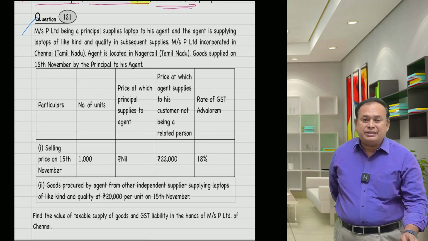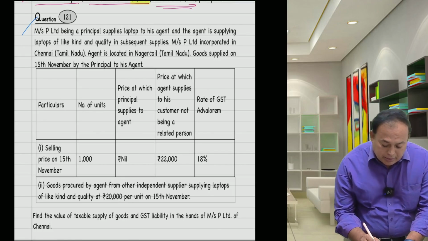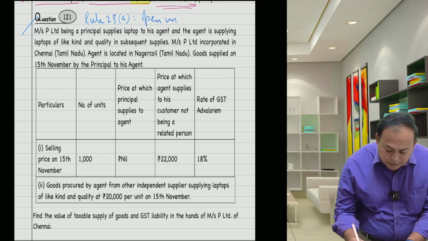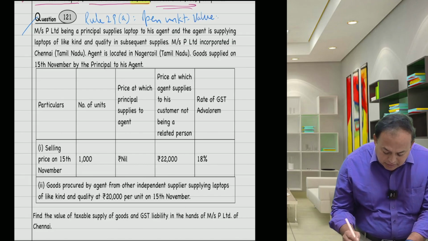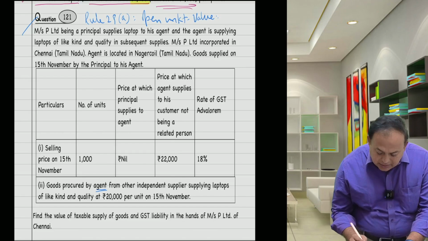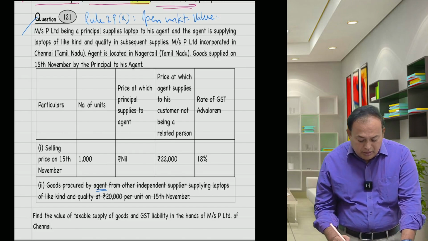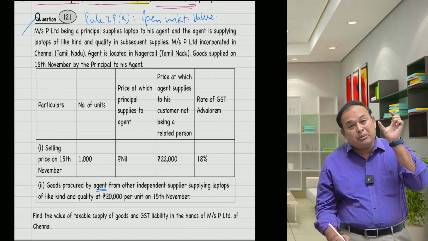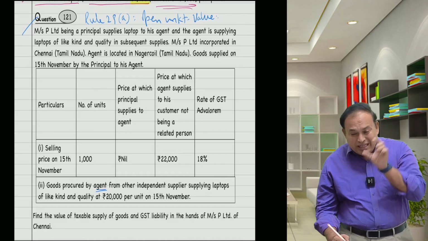It is a principal-agent transaction. Rule number 29 A: open market value. How much? This agent buys such goods, what type of goods? Goods supplied by the principal to the agent.